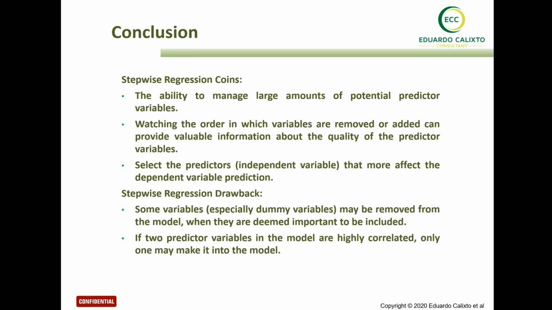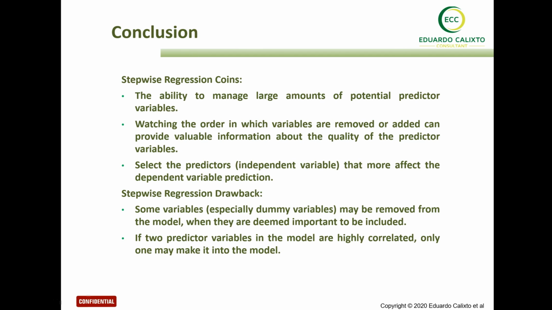So if we really cannot do without two independent variables, even if they are highly correlated, the method may eliminate one of them and use only one. But even though, the stepwise methodology is very good, better than simple linear regression, because these methods are able to select the independent variables that have more effect and are more important to predict the dependent variable.